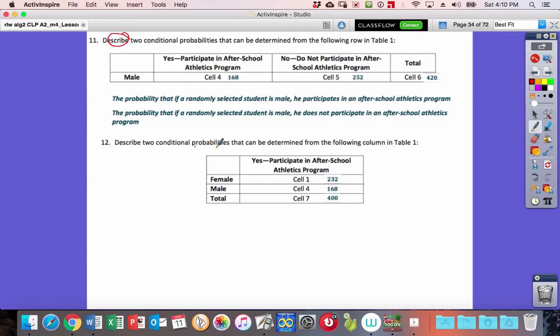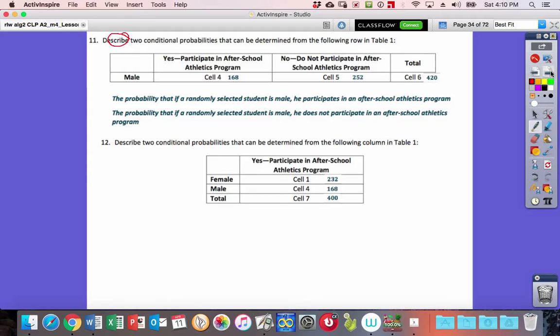Describe two conditional probabilities that can be determined from the following columns. So the conditional probabilities, let's see. This time you're randomly selecting students that participated in the athletic program. And then you get to determine whether they're male or female.